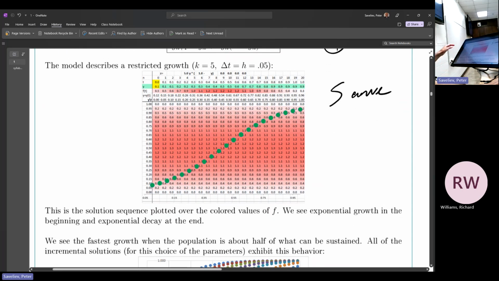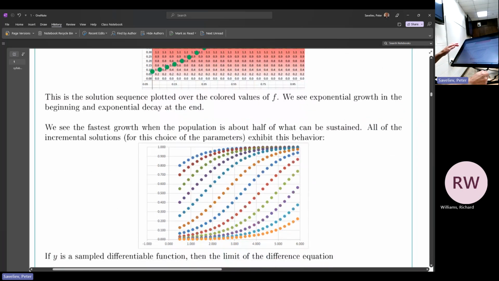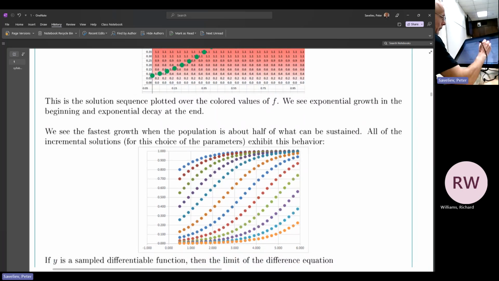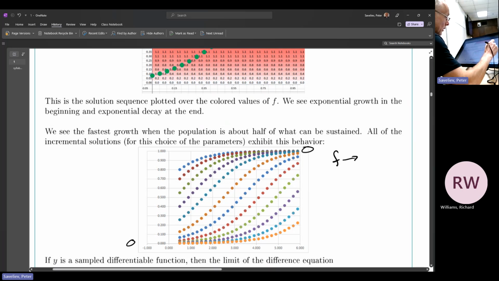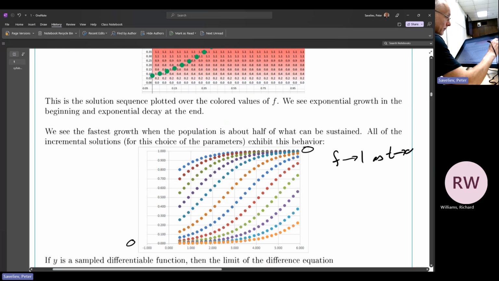So if 1 is not enough, it's the computer. So you just tell it do it rather than 1. You tell it do it 10 times. Okay, so as you can see, the behavior in the beginning is asymptotic, at the end is asymptotic. So you can actually write, if F is your population, F goes to 1, in our case, as t goes to plus infinity.